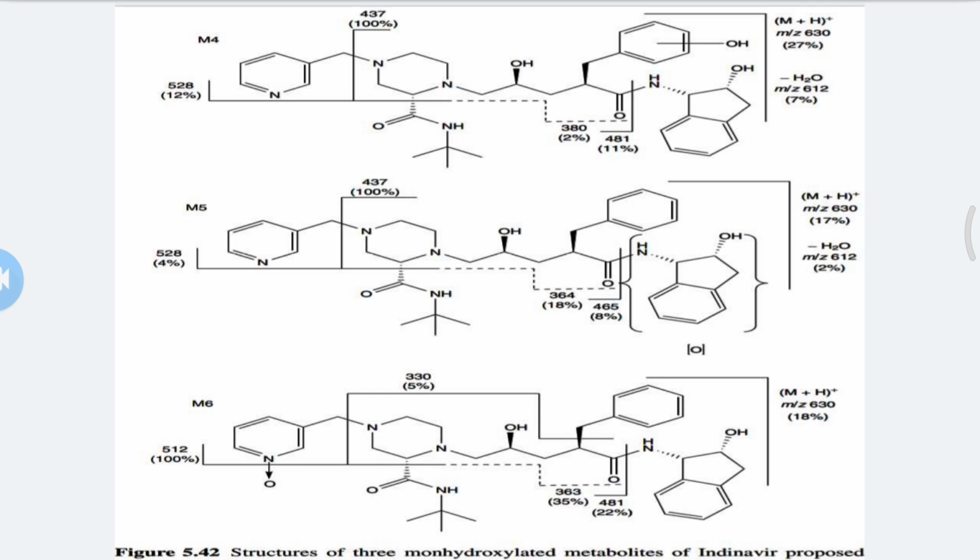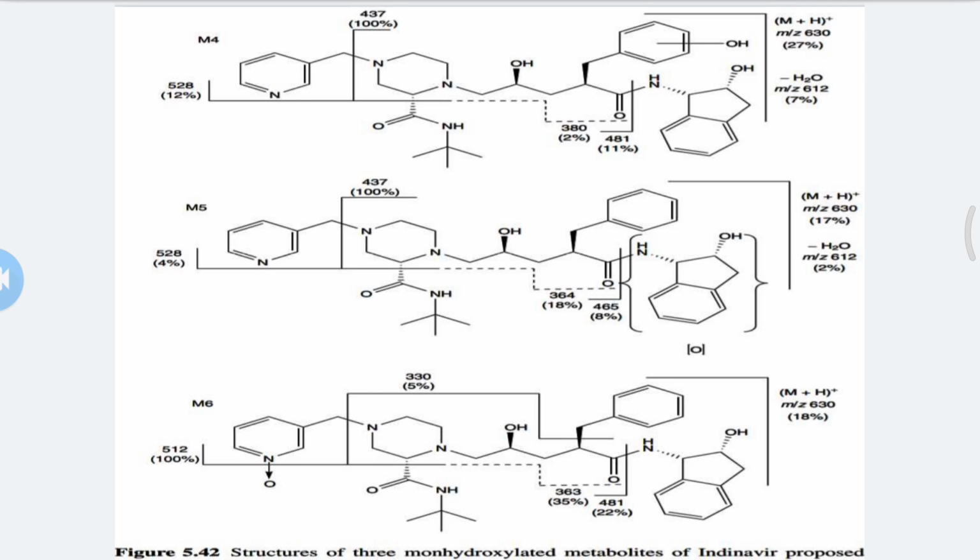Next is M6. The M6 MSMS spectrum shows the metabolite with peak mass-to-charge ratio 500, 512.